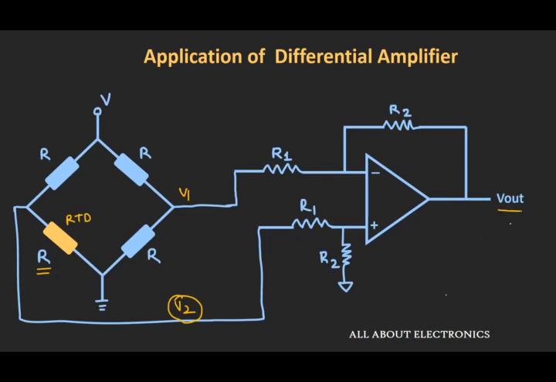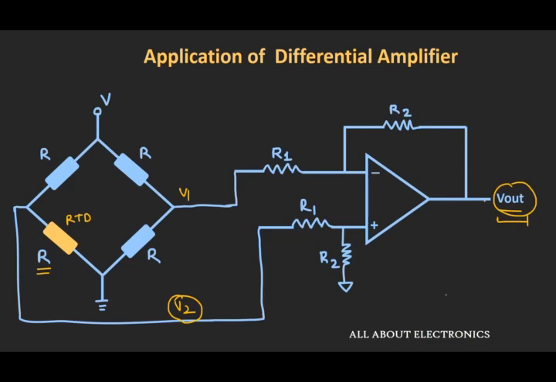So let us say if we want to control the temperature of some room, then we can use this sensor along with this differential amplifier. So by triggering another circuitry based on this output voltage, we can control the temperature of the room. So this is how this differential amplifier can be used along with the sensors.